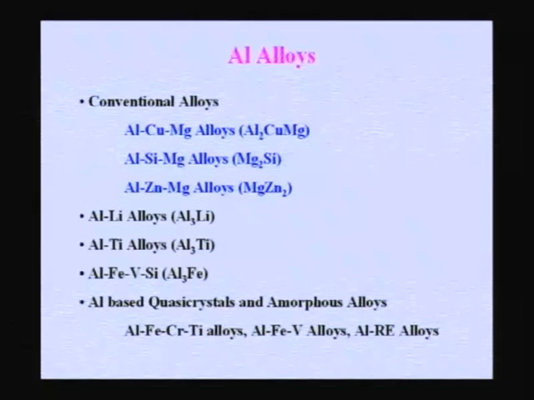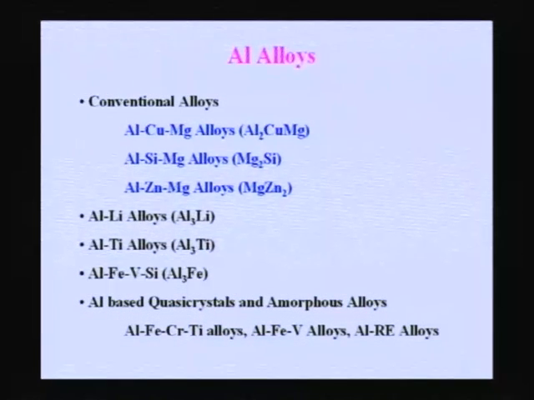The other class of conventional alloys are the aluminum zinc magnesium alloys, where you have Mg(Zn2) as a precipitate and which gives you good precipitation strengthening. But the most popular of all these precipitation hardening alloys are the aluminum copper magnesium alloys, because the strength levels achieved are much higher. You get very good coherent precipitates in this.